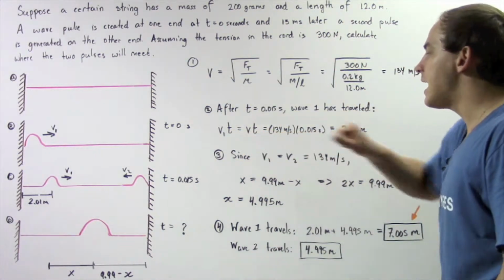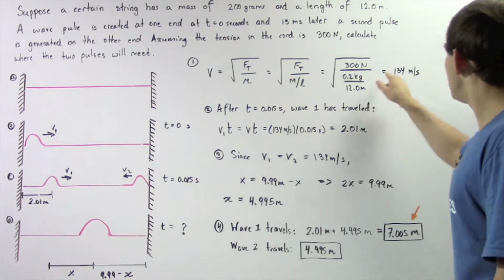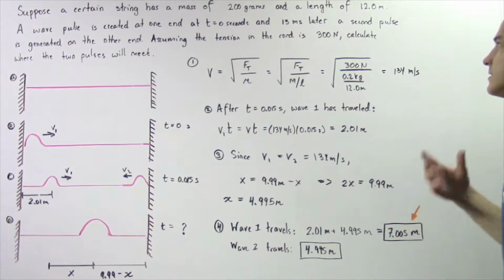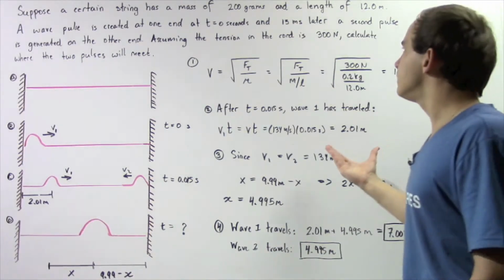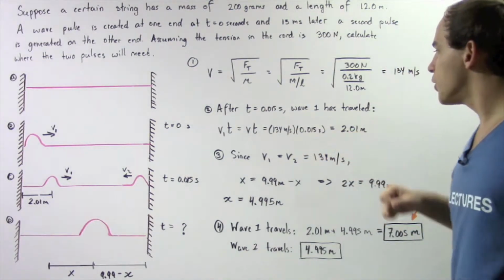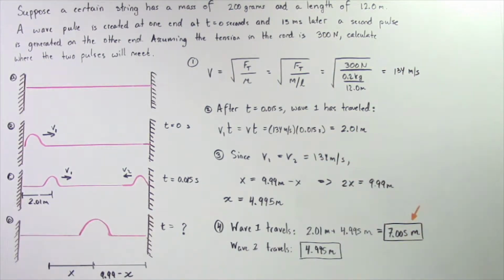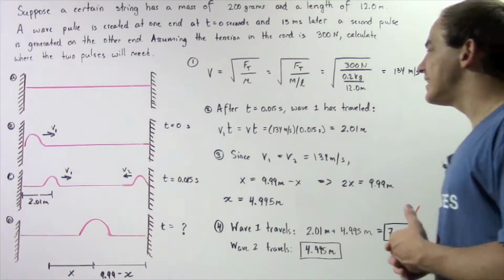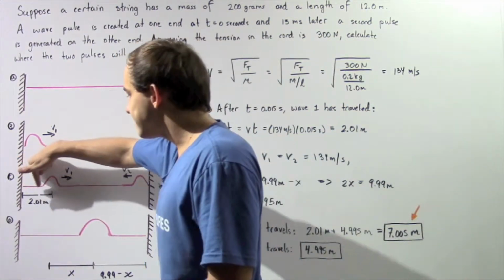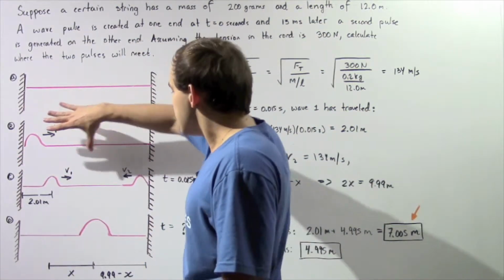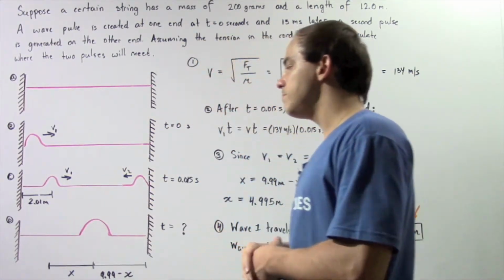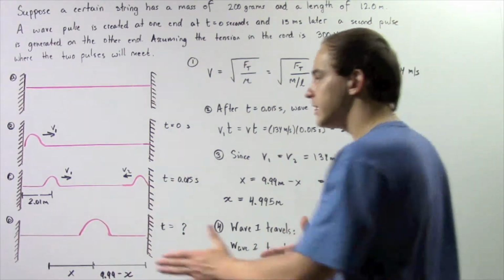So this is equal to v times t. Our v is 134 meters per second, and our t is 15 milliseconds divided by 1,000 because we're converting from milliseconds to seconds. So we have 134 meters per second multiplied by 0.015 seconds, and that gives us 2.01 meters. So that means the distance that wave 1 has traveled before wave 2 begins to travel is 2.01 meters.